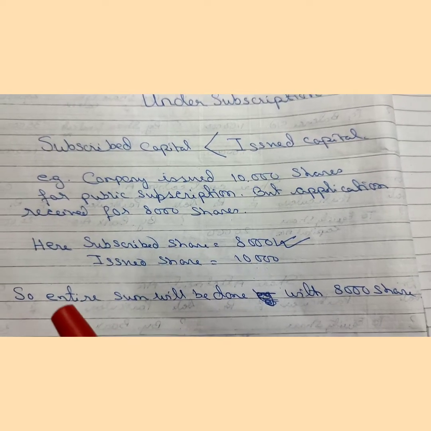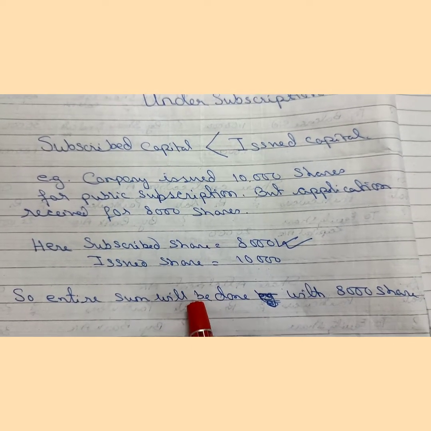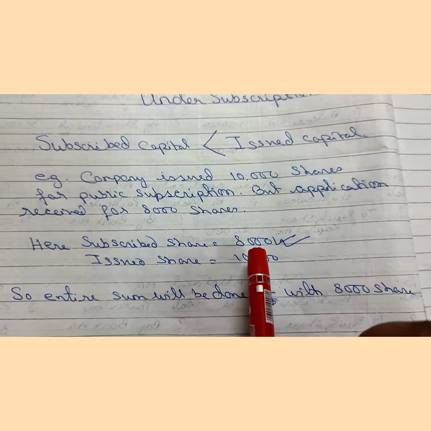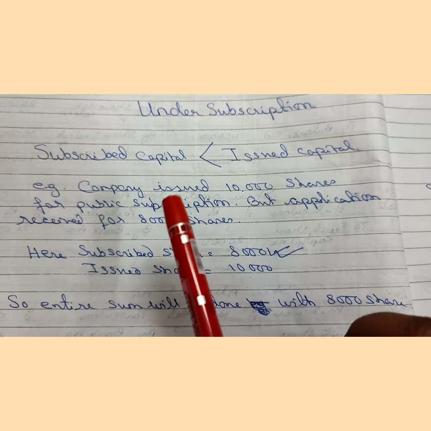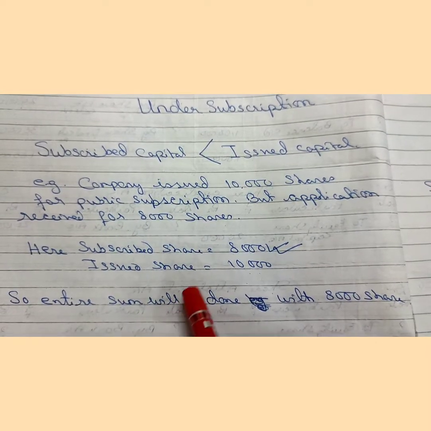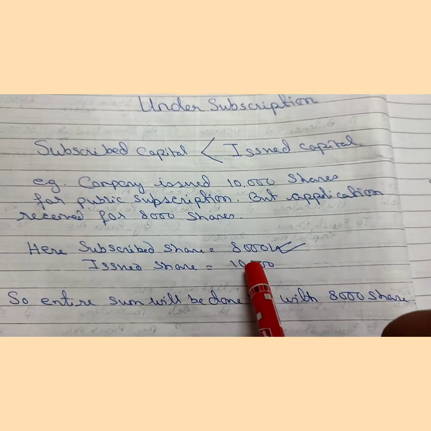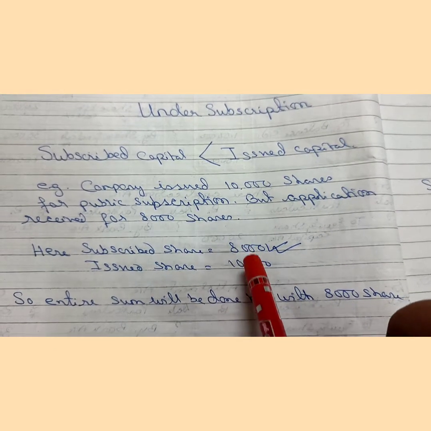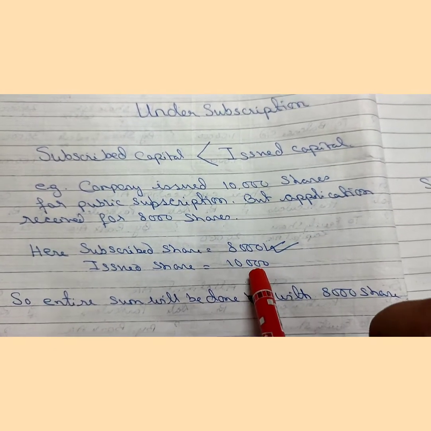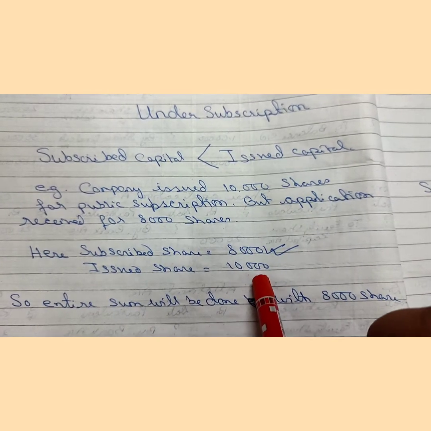Total sums will be done with the subscribed share, that is 8,000 shares. And how much share is undersubscribed? Undersubscribed share is the difference between these two. The difference is 2,000 shares, and 2,000 shares are undersubscribed.